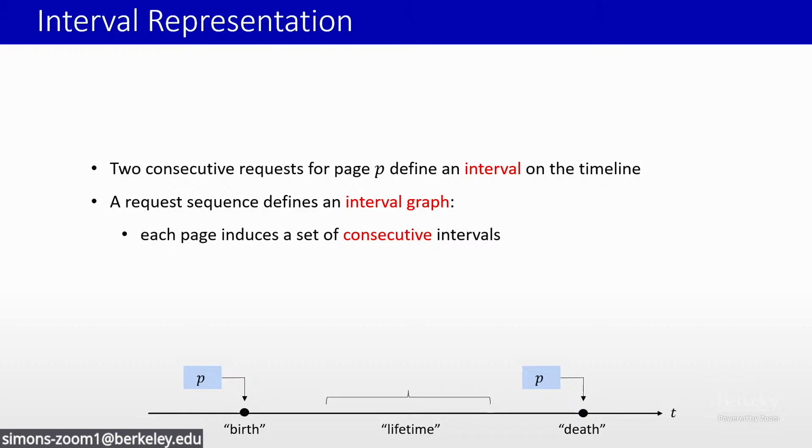So I'm thinking of this request for P as defining an interval over time. Every page defines a sequence of consecutive intervals over time, and over all of the request sequence, I get an interval graph. Now I have to decide where to place the intervals and which blocks to erase.